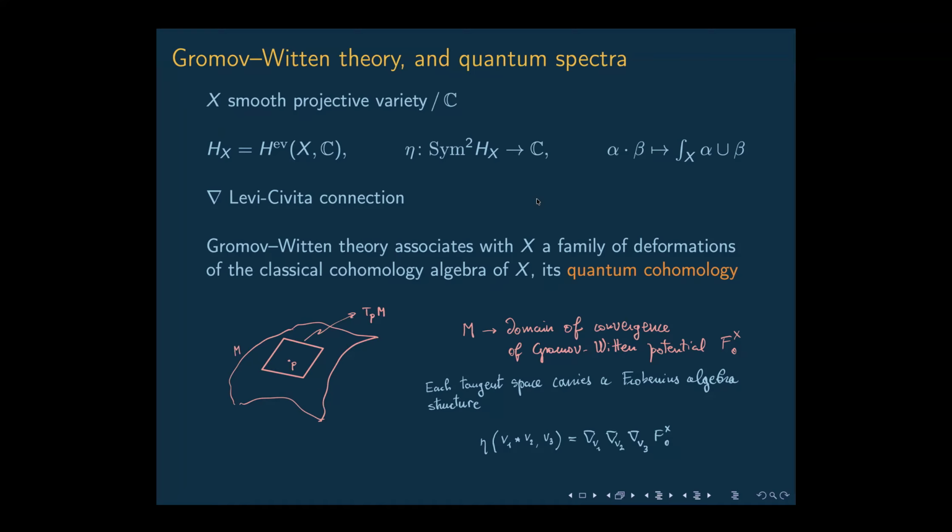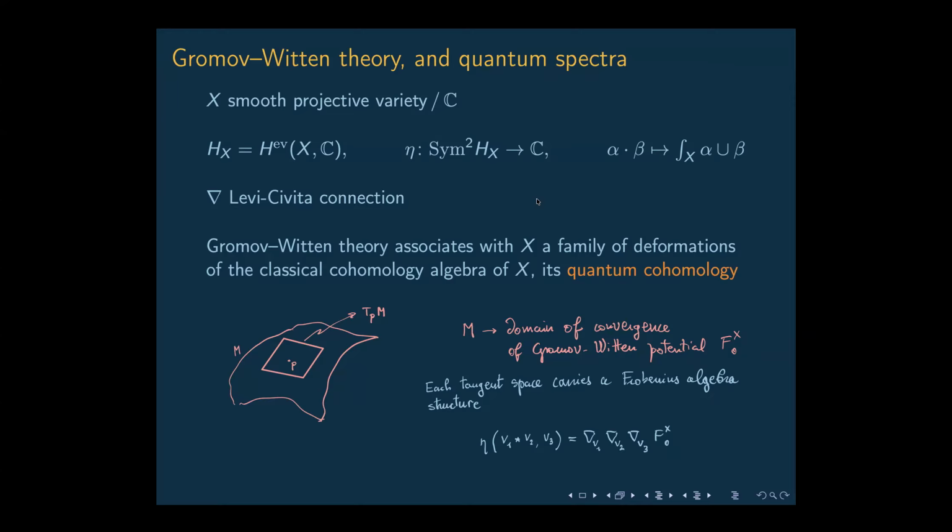The picture one should have in mind is the following. Such a deformation of the classical product is performed by taking into account some information concerning curve countings on this variety X. And the idea is the following: you collect all this information, you pack all this information into a generating function.